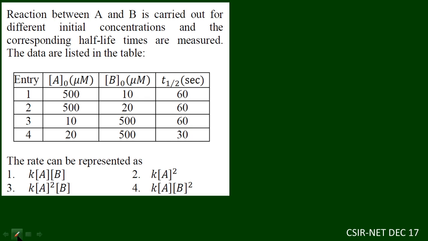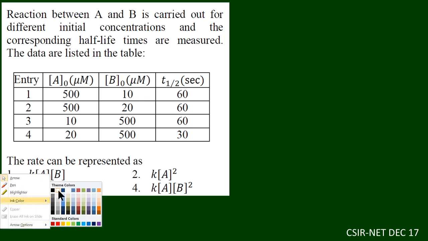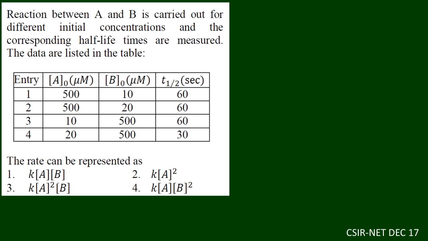To attempt this question, you must know the general form of the half-life of an nth order reaction. The half-life of any nth order reaction is proportional to 1 upon the initial concentration to the power n minus 1.